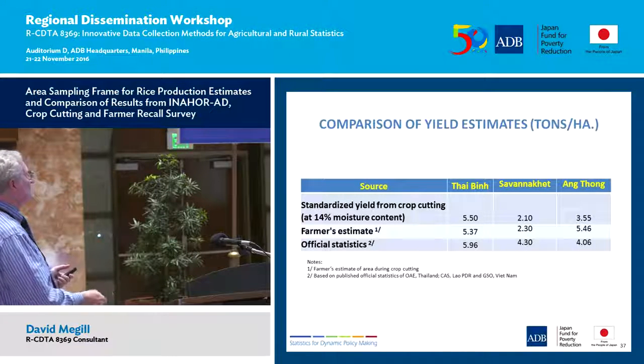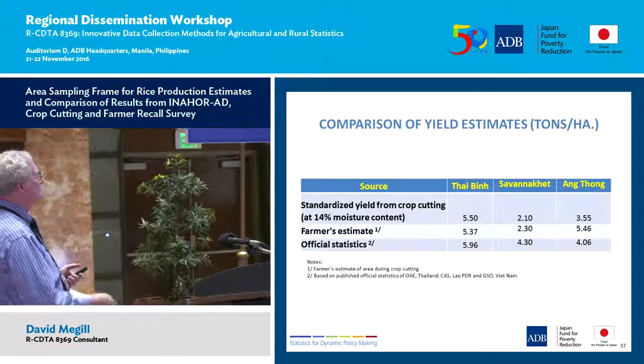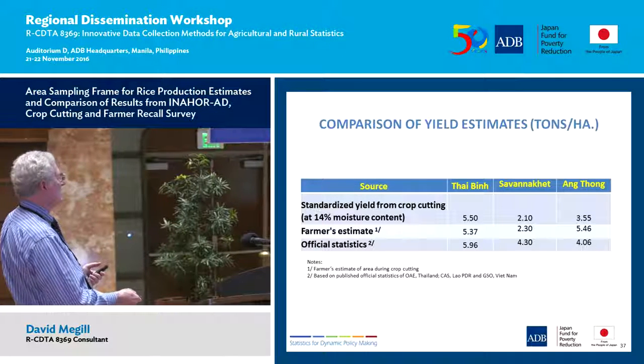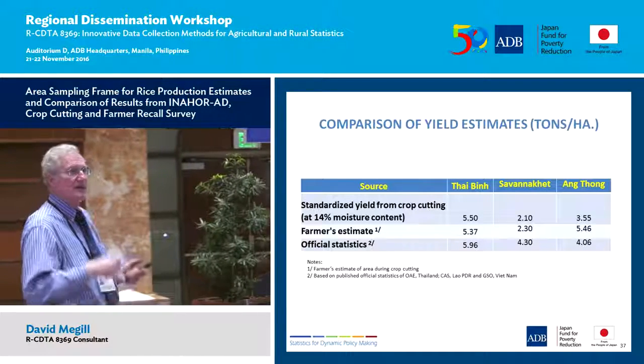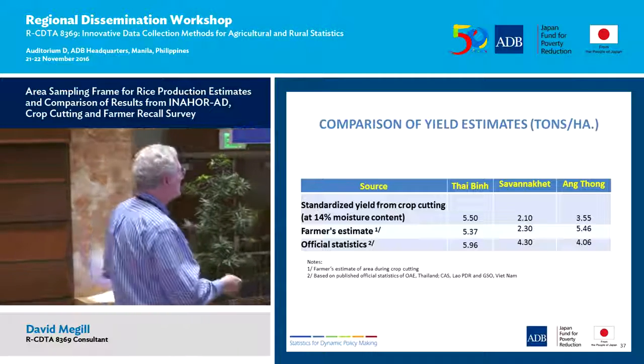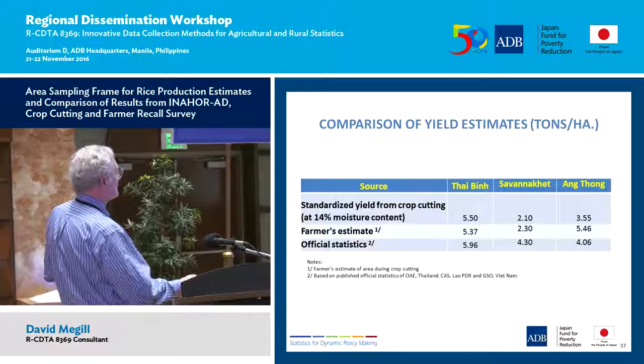And in the case of Tai Binh, you see that they are within a reasonable range. Savannakhet, you see a big difference in the official statistics, and I think there's going to be some discussion about possible reasons for why this was different.